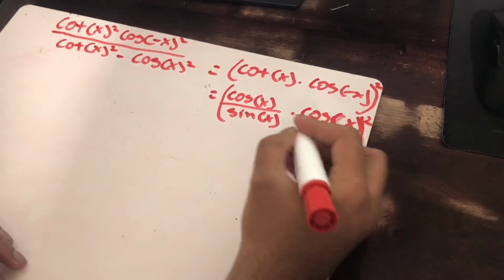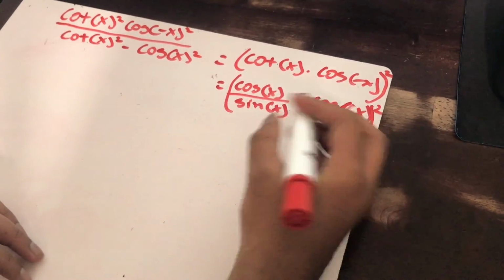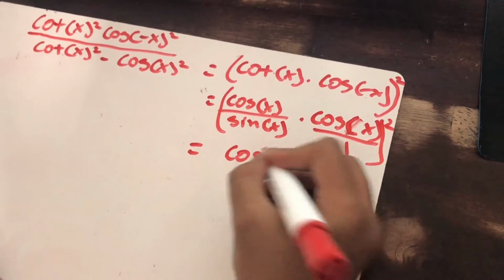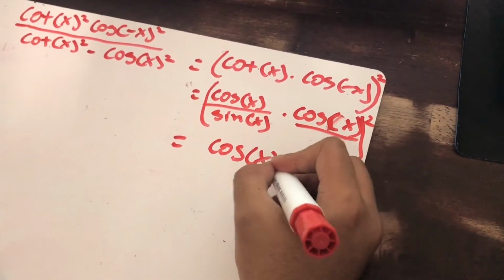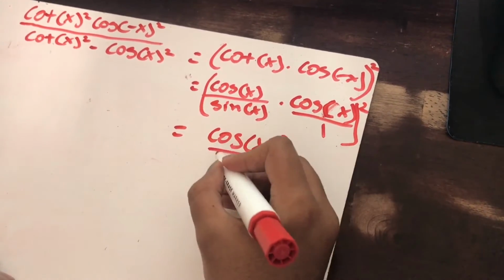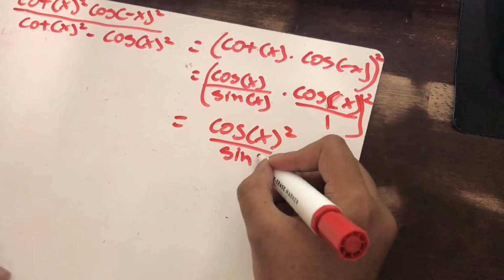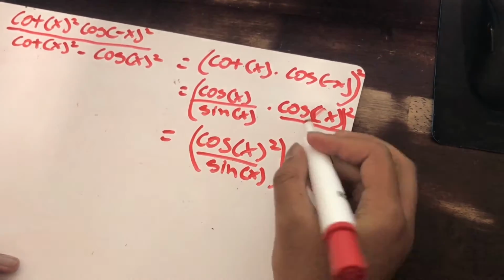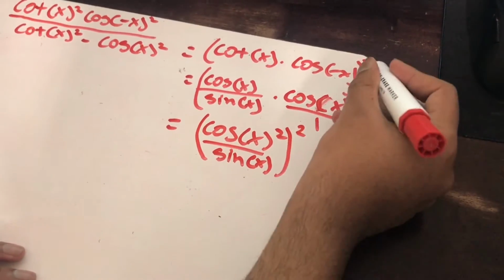Cosine of x, right? And then you multiply these together, and then you get cosine of x squared over sine x multiplied by 1 is sine x. And then all that over 2.